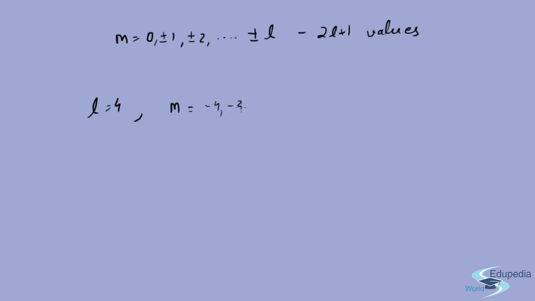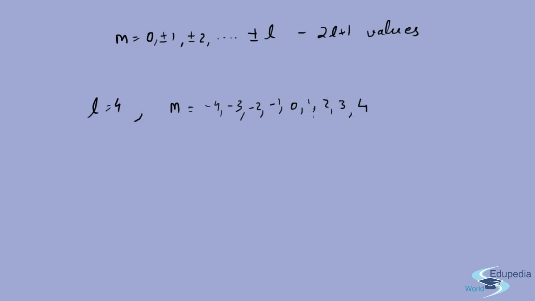What this tells us is m is equal to 0, ±1, ±2, ... till ±L, which is a total of 2L + 1 values. So for example, if the value of L is 4, then m can have 4 into 2, 8, plus 1, 9 possible values, which is −4, −3, −2, −1, 0, 1, 2, 3, and 4.